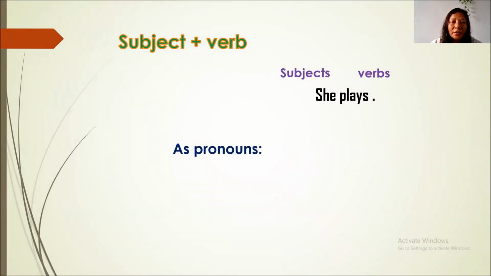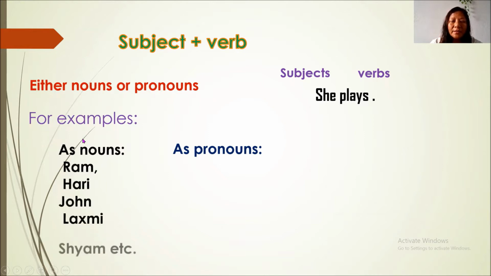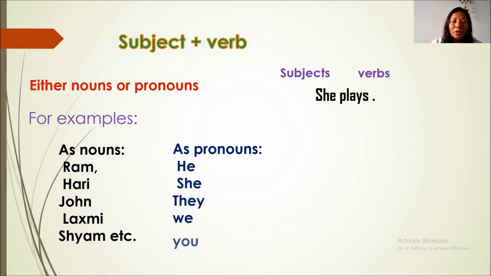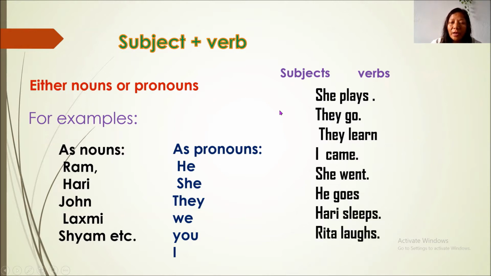Subject plus verb. As subject, you can use either nouns or pronouns. For example, as nouns: Ram, Hari, John, Lakshmi, Sam, etc. And as pronouns, you can use he, she, they, we, you, and I. According to this structure, there are sentences here: she plays, they go, they learn, I came, she went, he goes, he sleeps, Rita laughs.